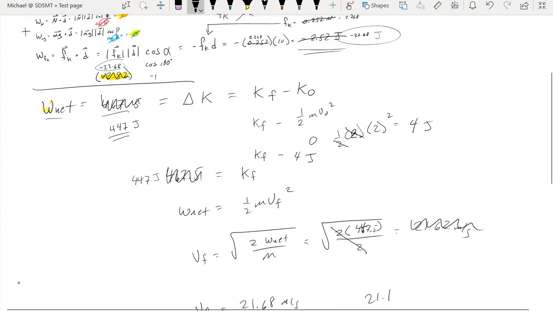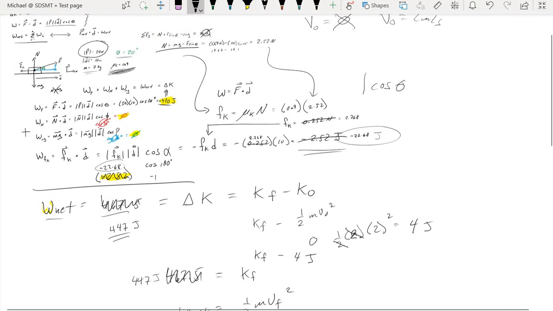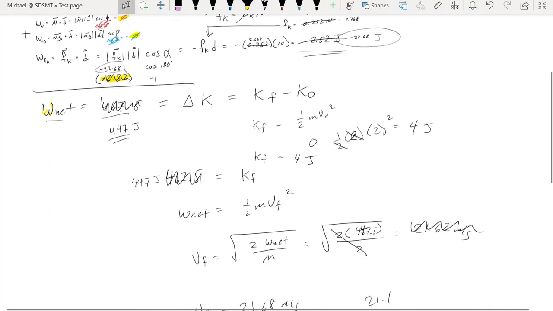The only thing that's going to be different is the final value of our kinetic energy. If we started with 4 joules of kinetic energy and we increased that value by 447 joules, and here we're still considering the high value of our kinetic coefficient, that means that we would now have a final kinetic energy of 451 joules.